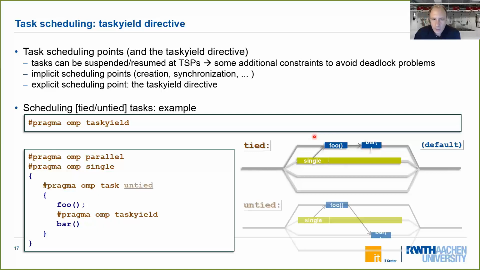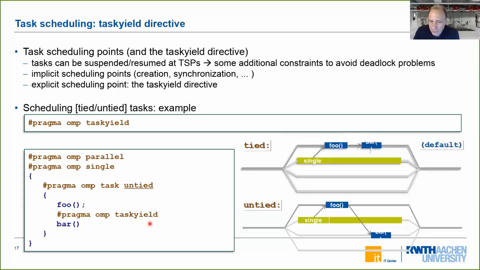The other option, for tasks with respect to scheduling, is the untied case. So if you add this clause to the task construct, then it's allowed for the runtime to suspend a task being executed, in this example by thread 0, and resume, here the bar, in this example with thread 2.